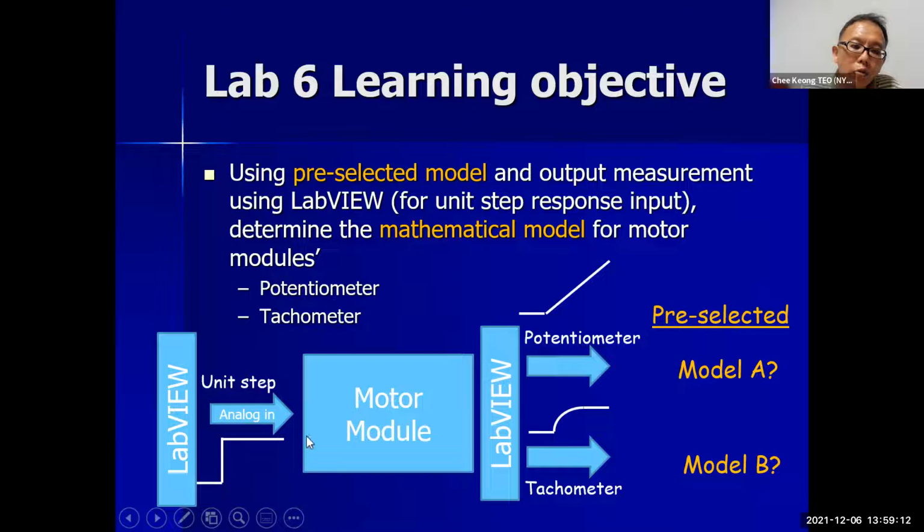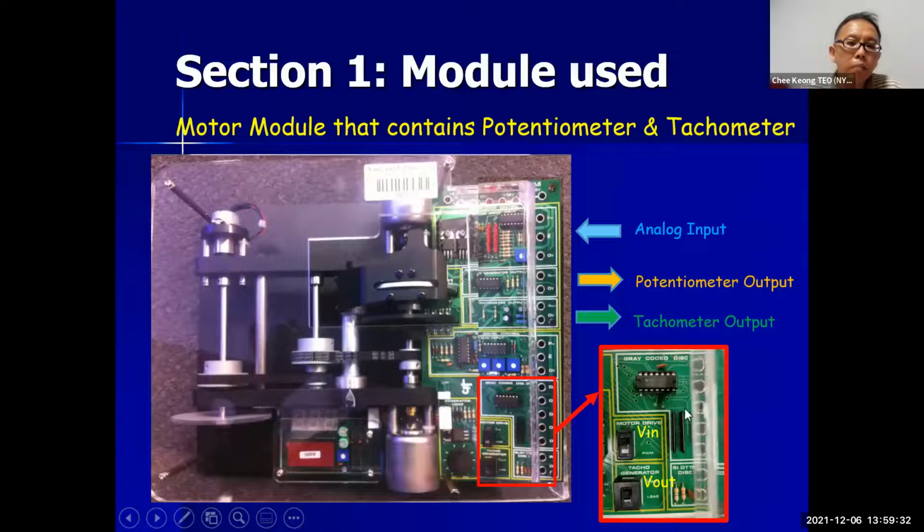We are trying to check, if I excite the motor module at the input with a step function, what do I have at the output of the potentiometer and tachometer? We are using the pre-selected way of modeling, meaning maybe model A or model B, right?